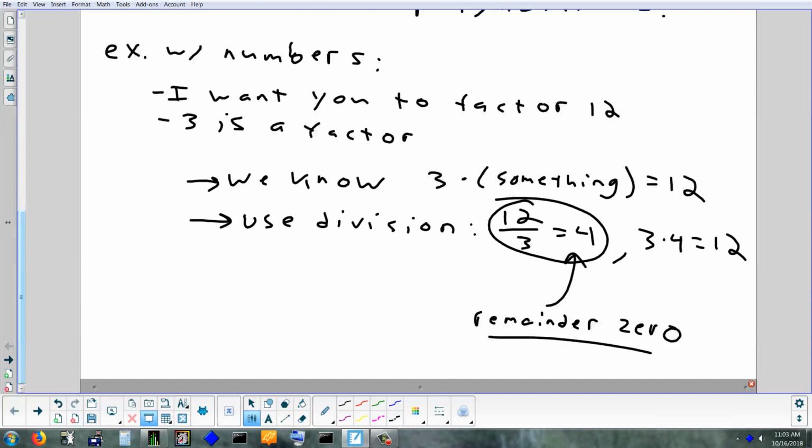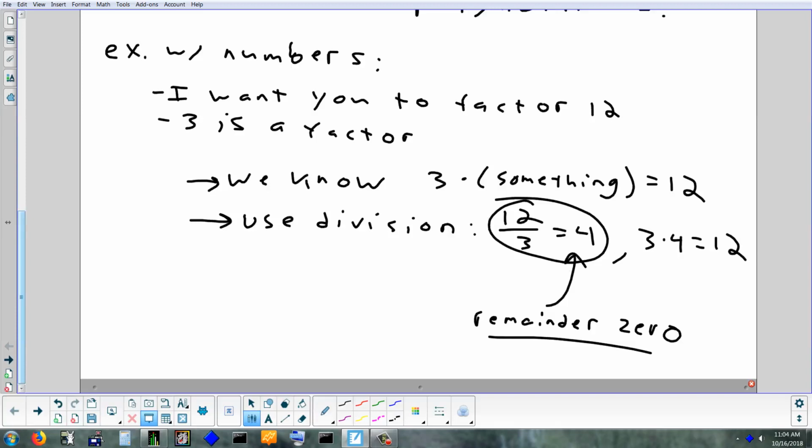The important thing is, when you divided 12 by 3, you didn't get any remainder. That proves that 3 is a factor of 12. Whenever you divide by something and don't get a remainder, that means it's a factor. If I check 6, 12 divided by 6 goes in twice with a remainder of 0, so 6 is also a factor of 12.